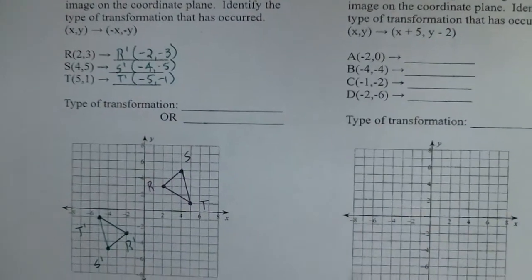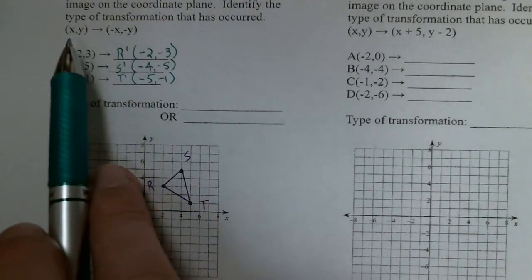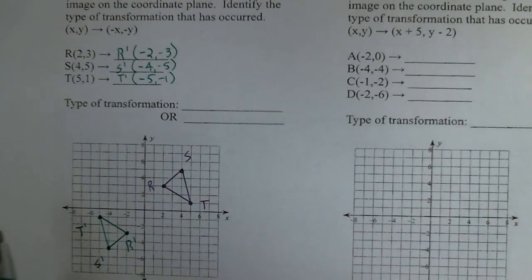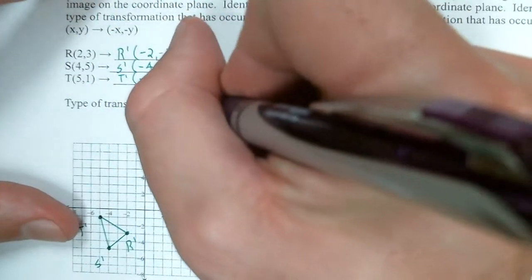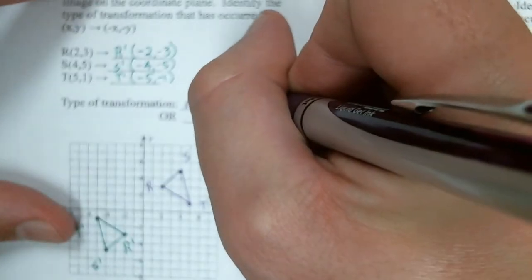Okay. Alright, so the transformation they're asking about was what happened here. Okay, so if I'm flipping both of the signs, then we said that's actually one of a couple of different things. The first is it's a rotation of 180 degrees.